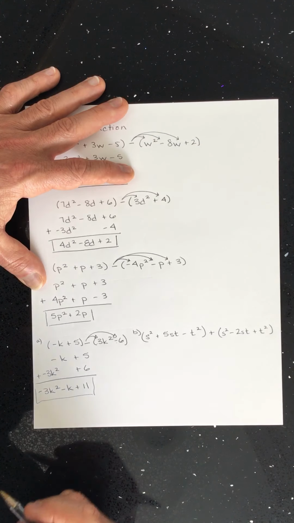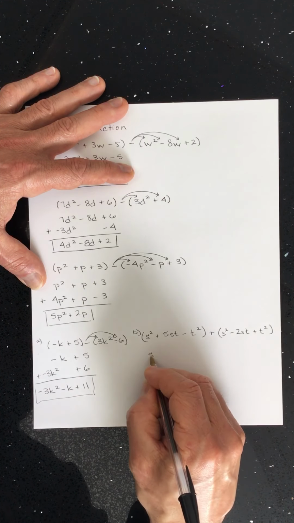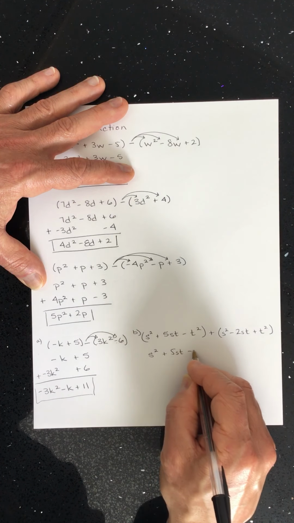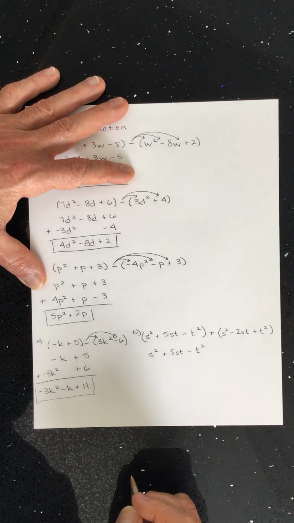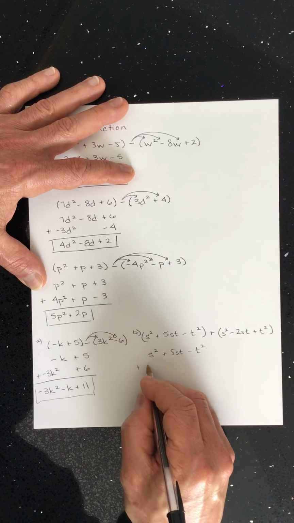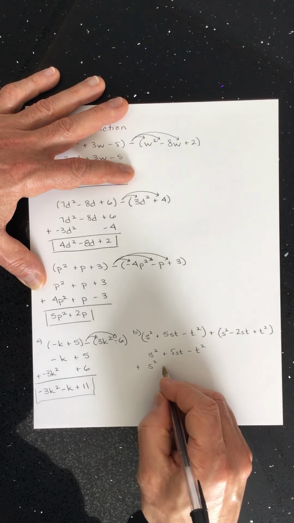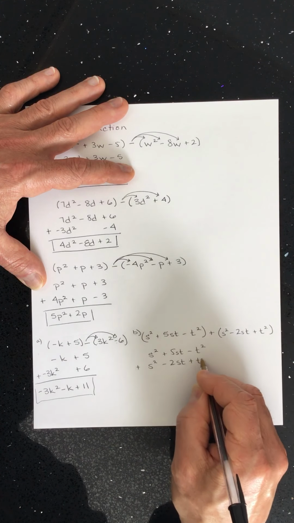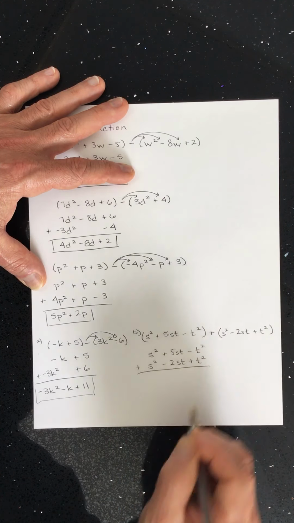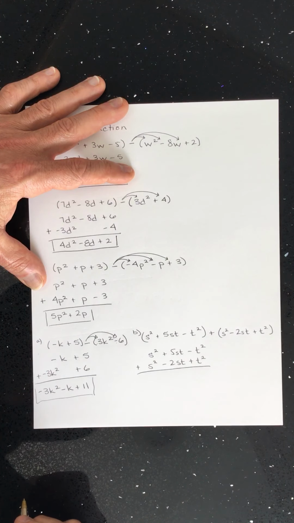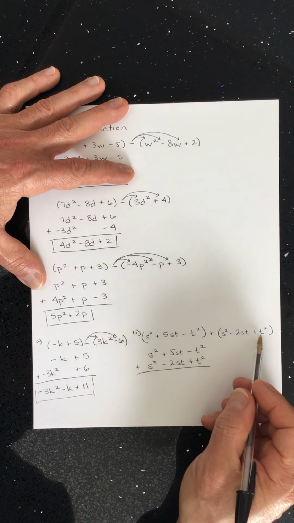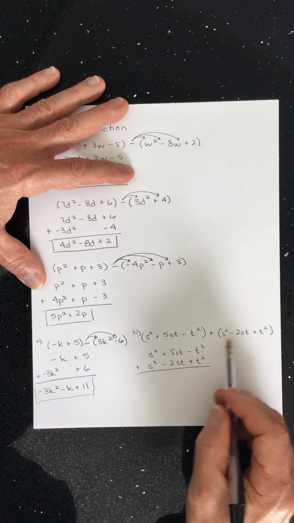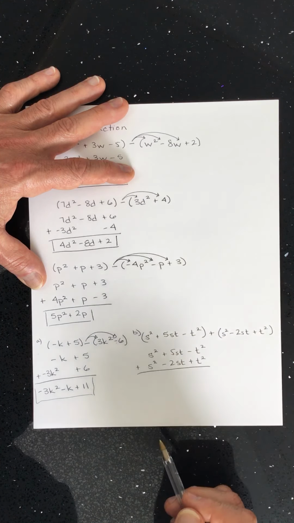All right, example B. So I have s squared plus 5st minus t squared plus s squared minus 2st plus t squared. Combining like terms, right? Trinomials, s squared, st, t squared.